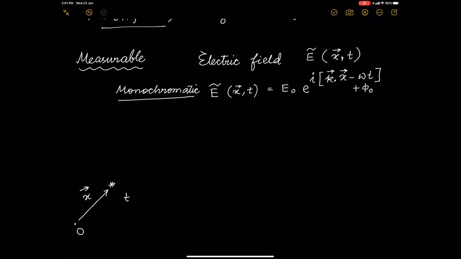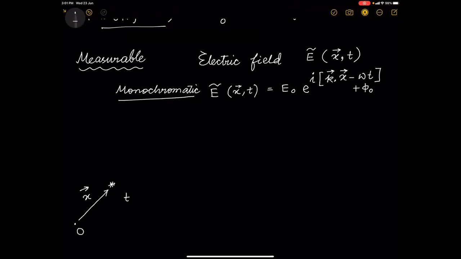So if I have done one measurement of this electric field at the position x at a time t, and it's a monochromatic signal, and I have done one mistake here, so we should correct. Okay, it's a monochromatic plane wave as I have written it, so it's all right.